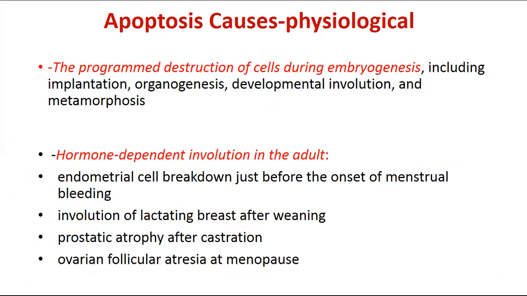Name 4 causes of physiological apoptosis. Physiological apoptosis is the programmed destruction of cells during embryogenesis. You have already started, maybe been introduced to the topic of embryology, how a child is formed in the mother's womb, the fetus, the embryo. This includes implantation, organogenesis, development, evolution, and metamorphosis.